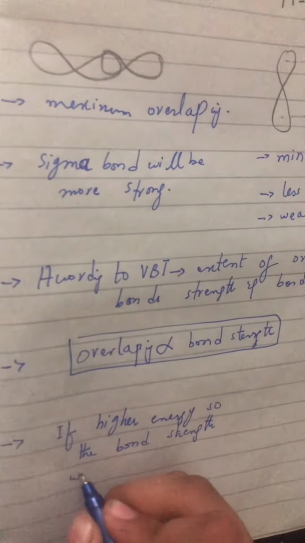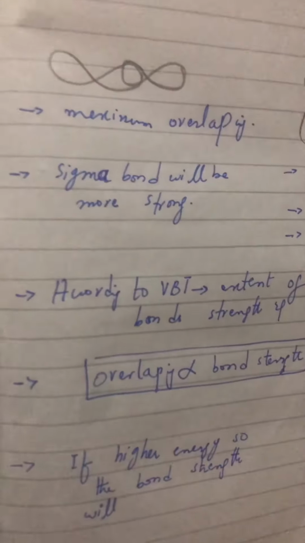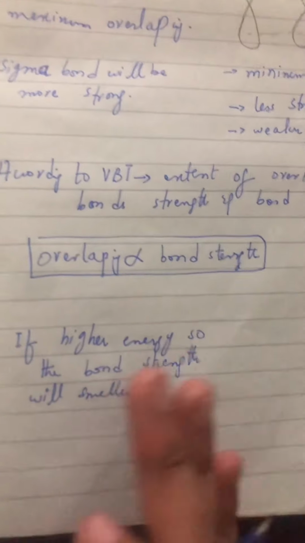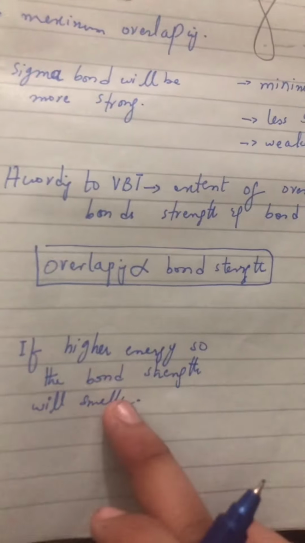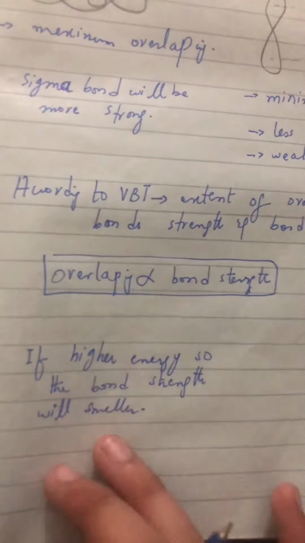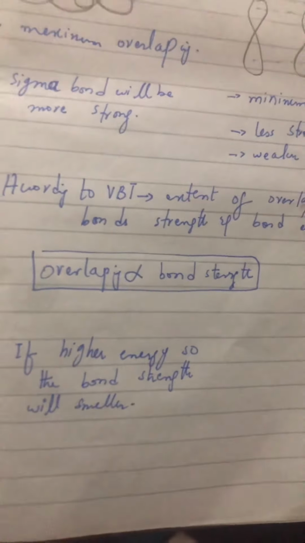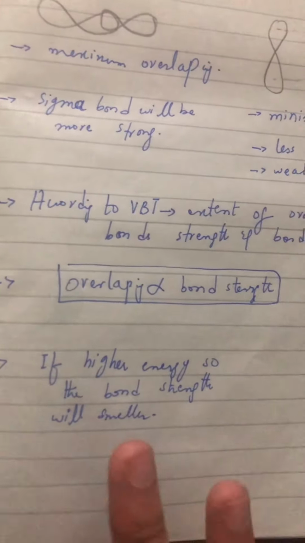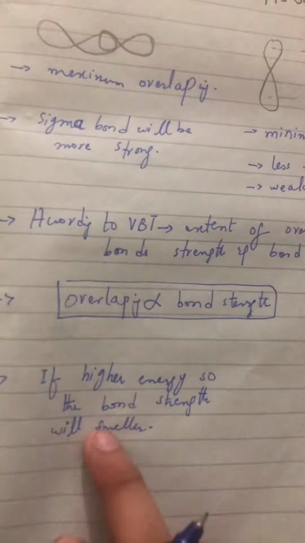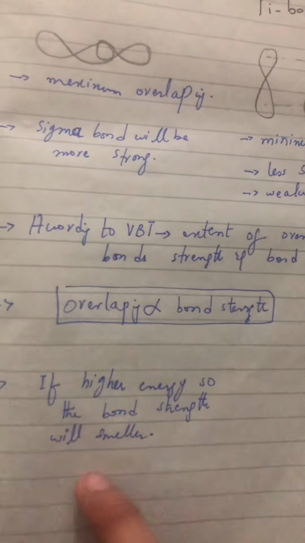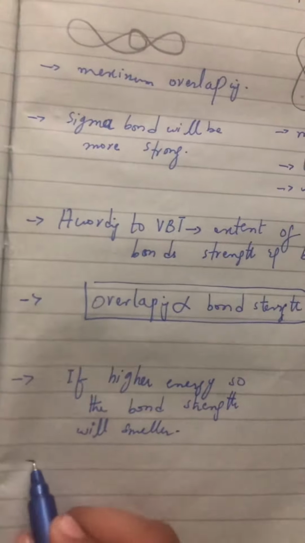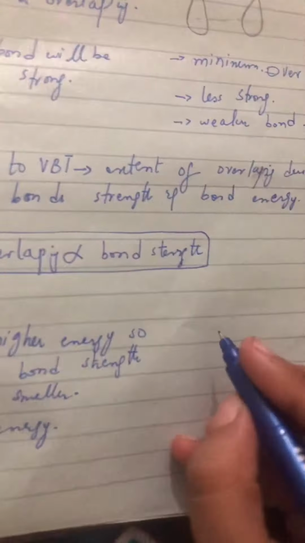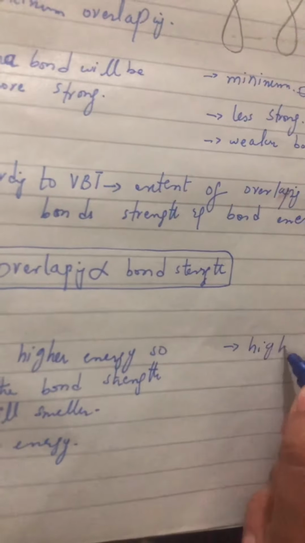If there is high energy in the orbitals, the bond will be very weak, which means bond strength will be smaller if the energy is higher. If the energy is lower, the strength will be higher. In this one we have higher strength, which means low energy, and in this one we have high energy.